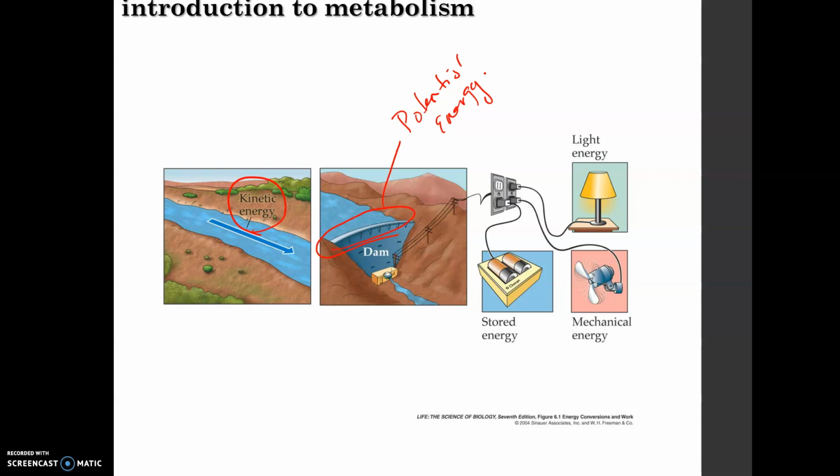It's in a position where it cannot move. Then we harvest that potential energy as electricity. The electricity is transferred on wires, the telephone wires and things like that, where you can use that energy in several different forms.